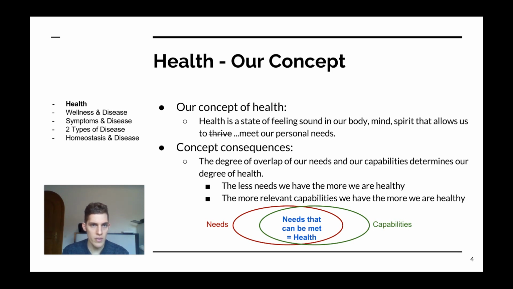Now, an obvious consequence of this is that the fewer needs we have, the healthier we will be. And also, as a second consequence, the more relevant capabilities we have, the healthier we will be. Now, why is this relevant? Why am I showing you this? I think you know why. I said that medicine is practical, and this concept we will see is relevant to promote health in a practical way.